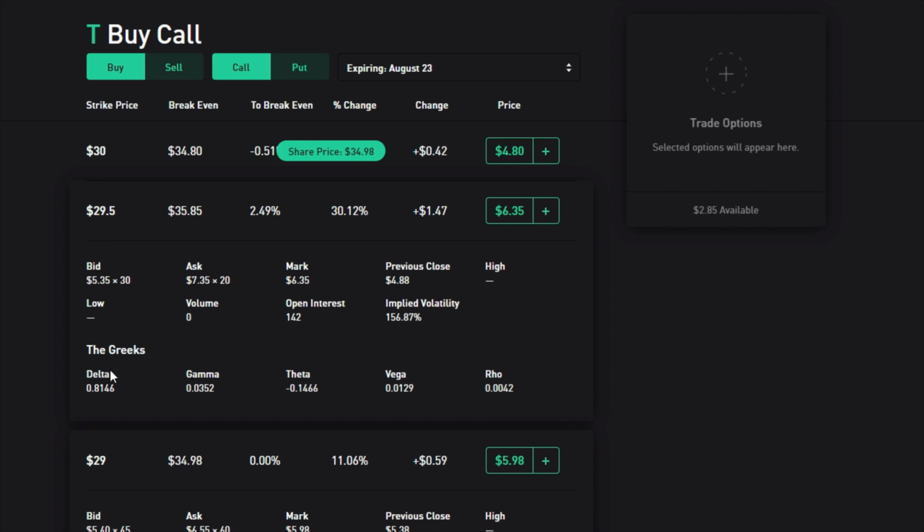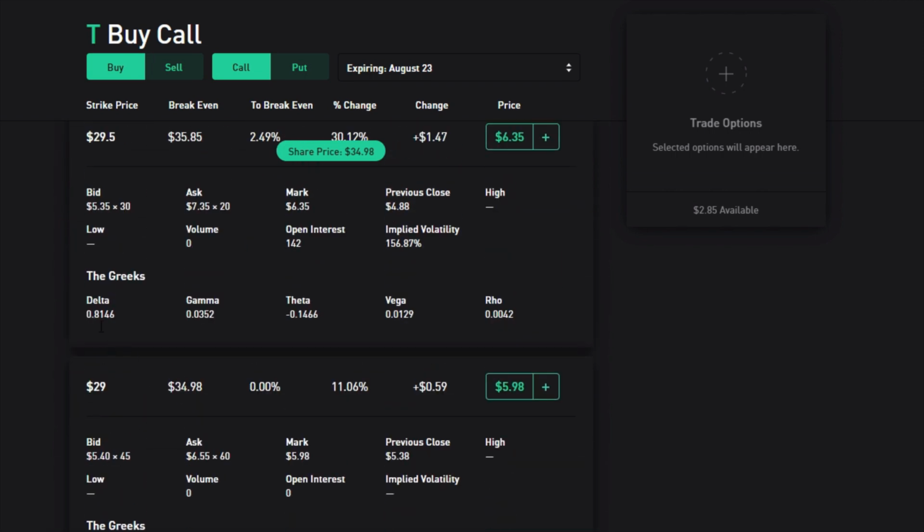Looking at this one, we have a high delta at 81, and we have a low gamma because together these cannot go more than 1. 1 is the maximum. So you would never see an 81 delta and like a 20 gamma because that would be over 1. The gamma goes lower as the contract becomes more in the money.